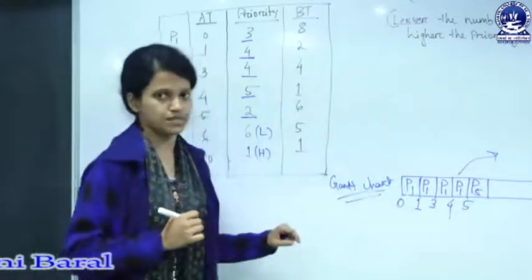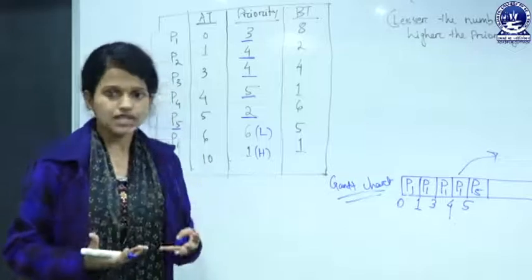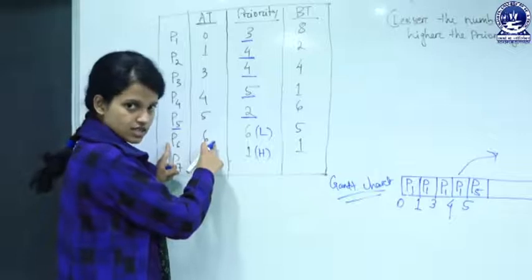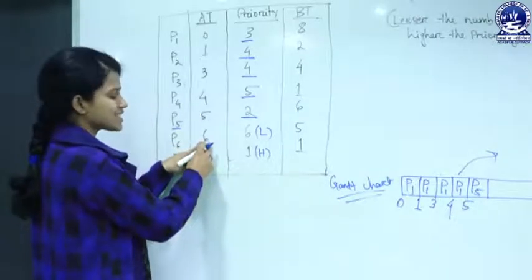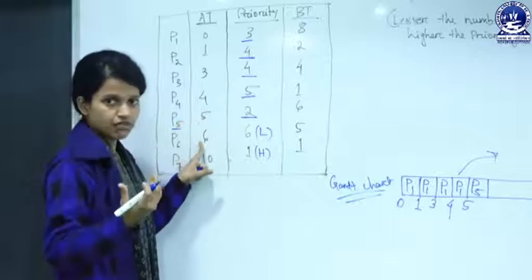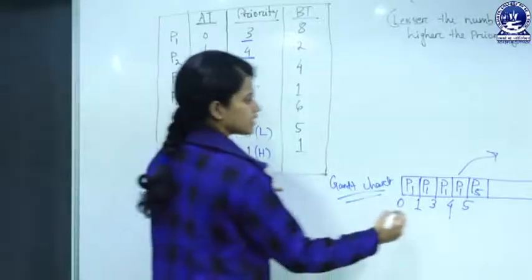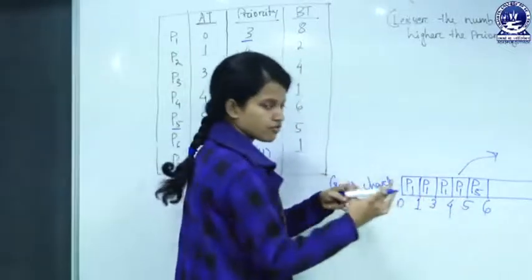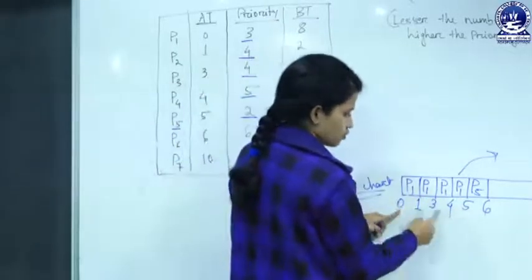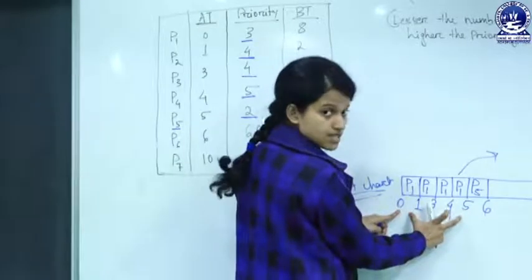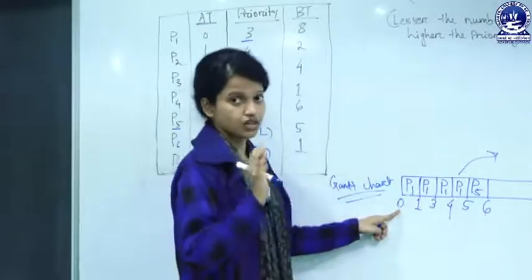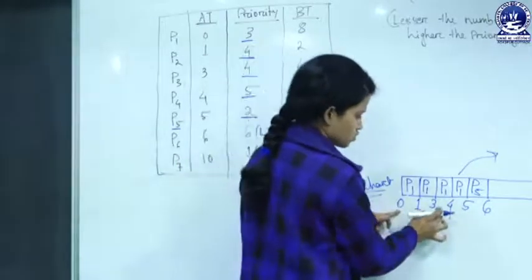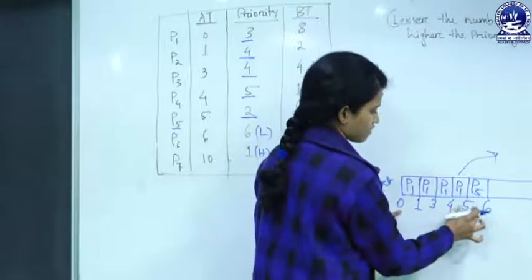P5 would be allocated to the CPU till the next process arrives in the ready state. The next process comes at 6, so P5 will continue its execution till 6. P1 has executed from 0 to 5, that means 5 milliseconds in the CPU: 1 plus 2, 3, 4, 5.